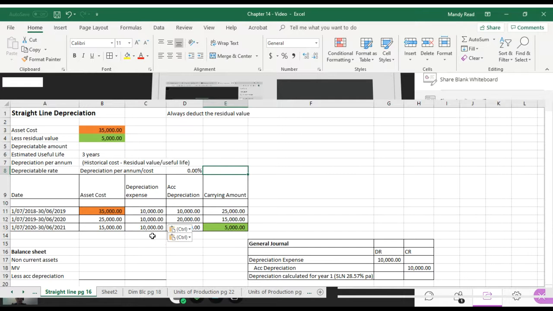We start the next year and open it with the closing amount from the previous year. We have our depreciation expense for the year. Our accumulated depreciation is all the depreciation that we've recorded so far, and our opening less our depreciation expense gives our closing written down value.